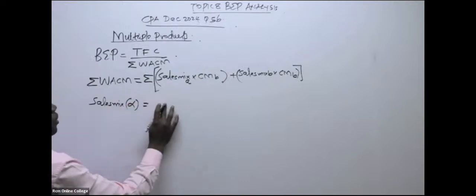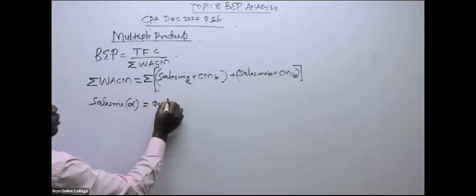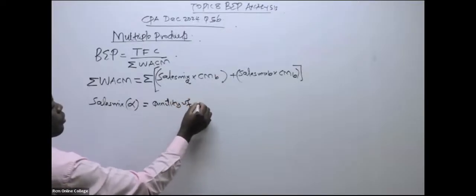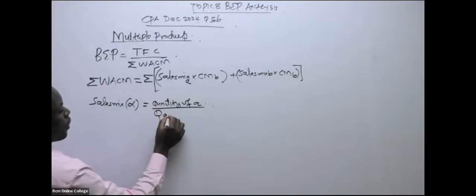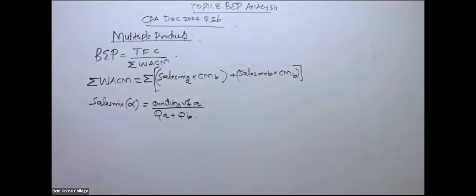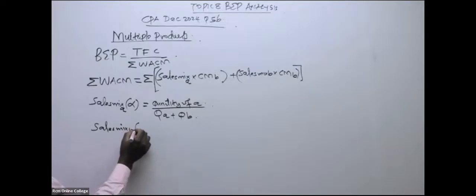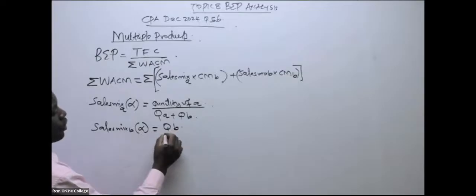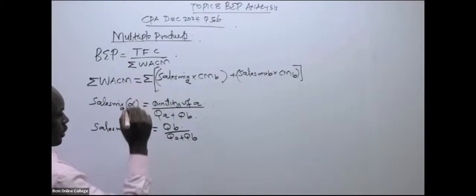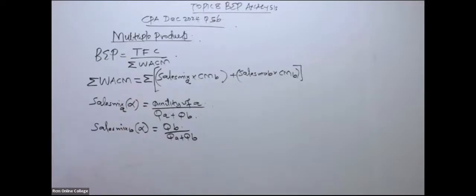So the sales mix ratio of product A is the quantity of product A divided by quantity of A plus quantity of product B. If I want the sales mix ratio of product B, that is alpha of B, it is equal to quantity of B divided by quantity of A plus quantity of B. So that will give us the sales mix ratio.